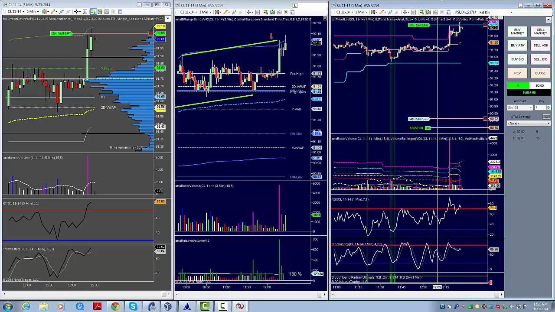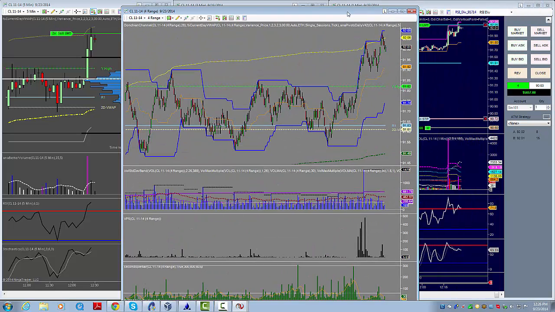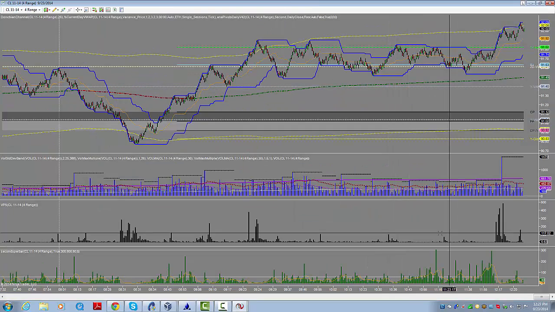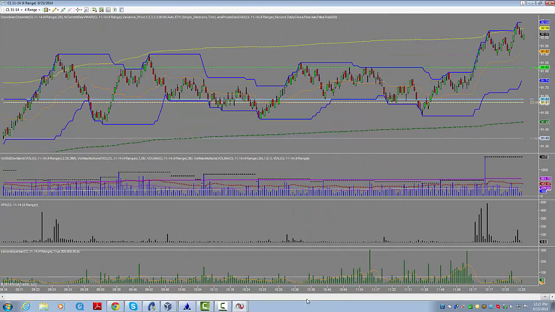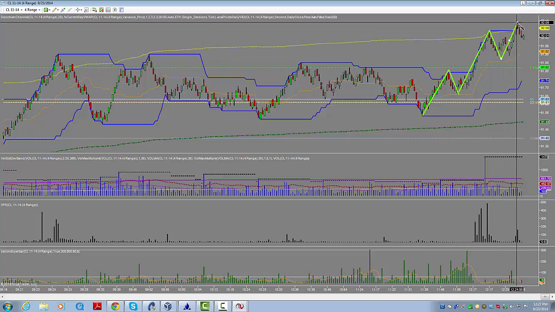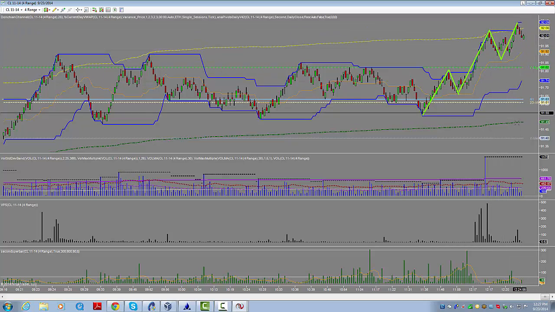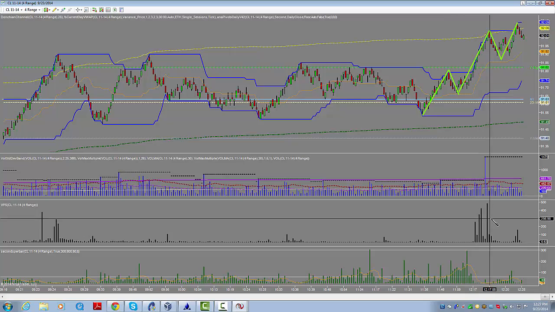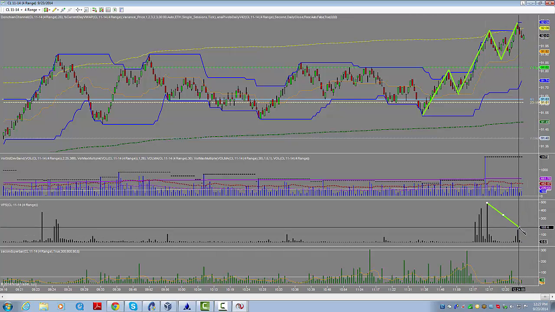Maybe we can go up and tag that again, but you can see here on the range chart we do have this 5-wave structure back up. 1, 2, 3, 4, 5, with something I've been working on, which has to do with volume per second.